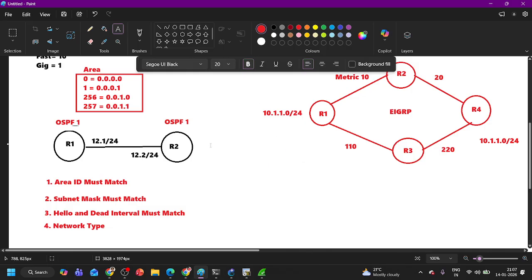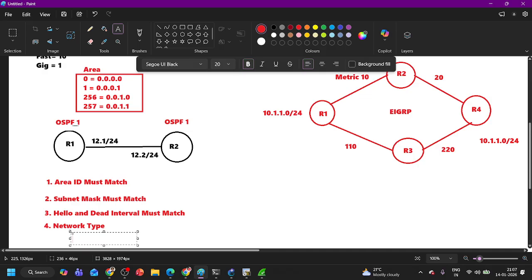I have another question. Go ahead. For the network types, what's the multicast address for point-to-point and point-to-multipoint in OSPF? You said DR and BDR depend on OSPF network types, correct? Yes.